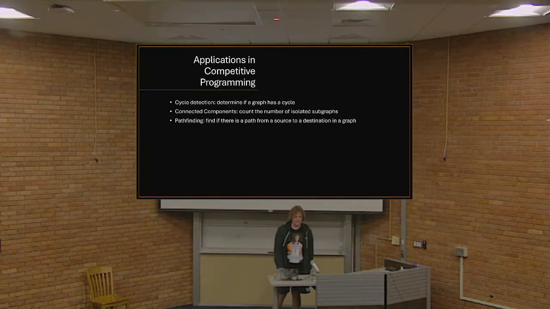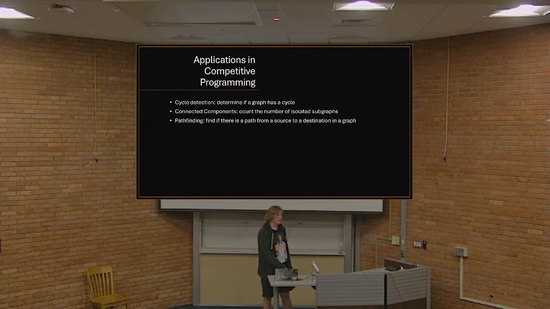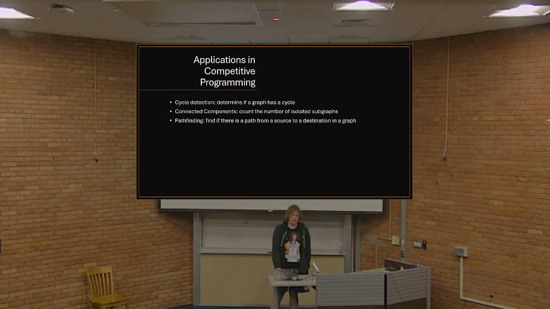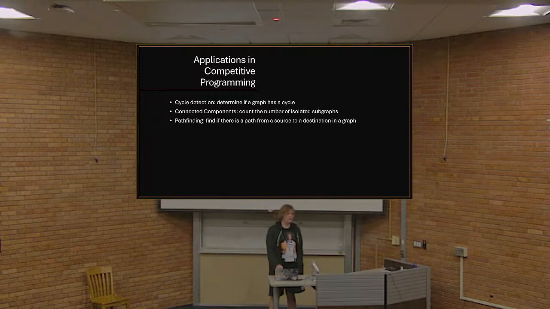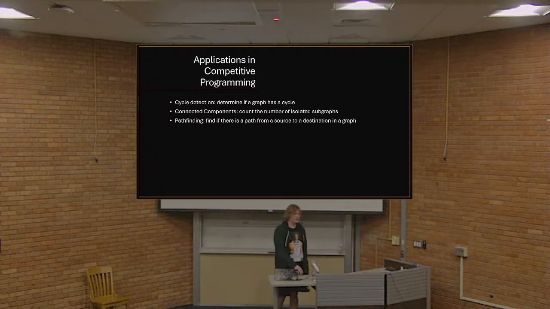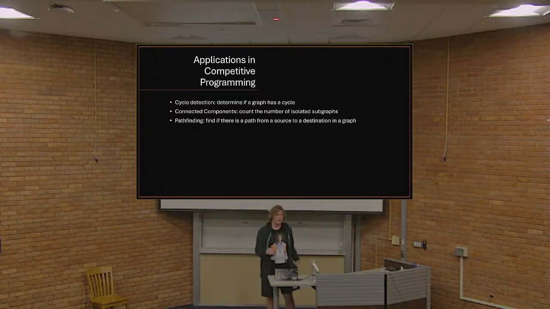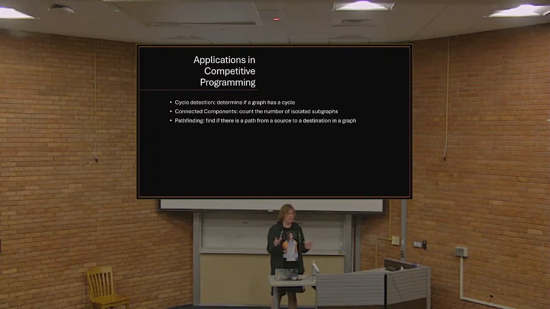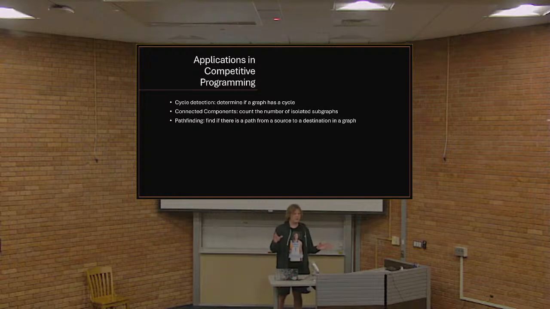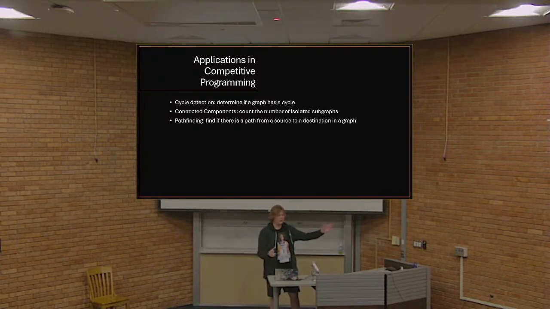The applications: cycle detection, determining if a graph has a cycle, is something you're probably going to have to do, not just in competitive programming, but in other things for your classes. Then also counting connected components. In some cases, the problem's going to give you a graph that's not completely connected. I might have A and B connected over here, but they're not connected to anything in the rest of the graph.